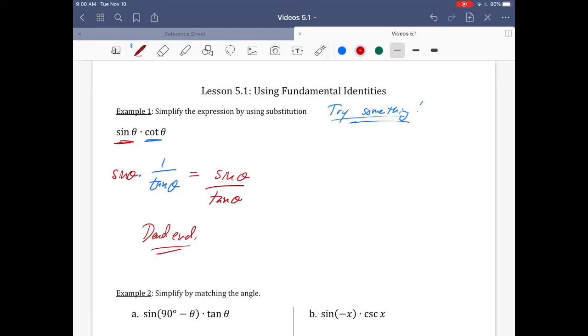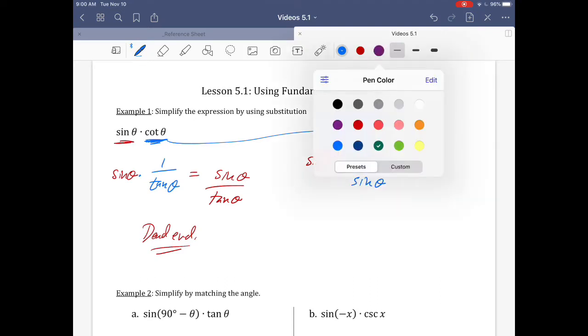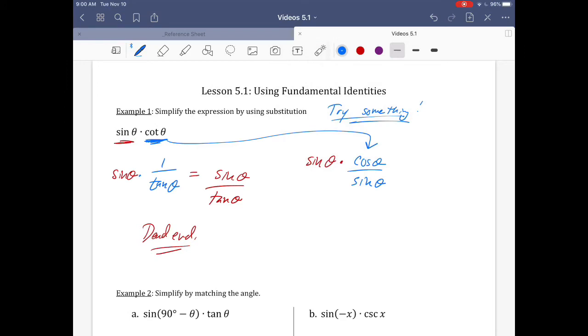So replace cotangent with cosine over sine. That's my cotangent becomes cosine over sine. And we actually see something fun and exciting going on now. The sine here is going to divide out the sine here, and so what we're left with is cosine theta.